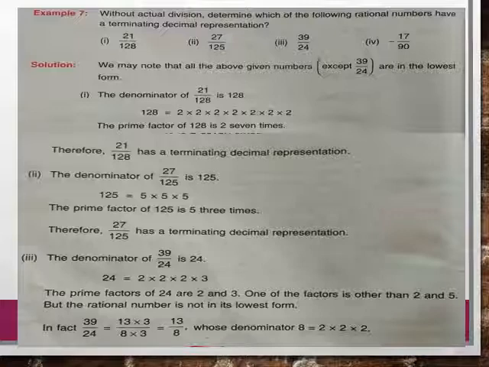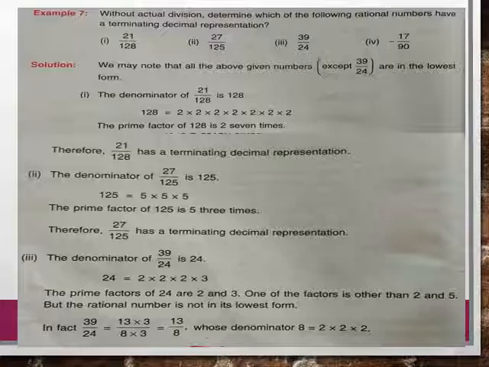The denominator of 27 upon 125 is 125. Take its prime factorization. The prime factorization contains only 5, and only 5 means again we can say it is a terminating decimal representation. Its decimal form is terminating type.